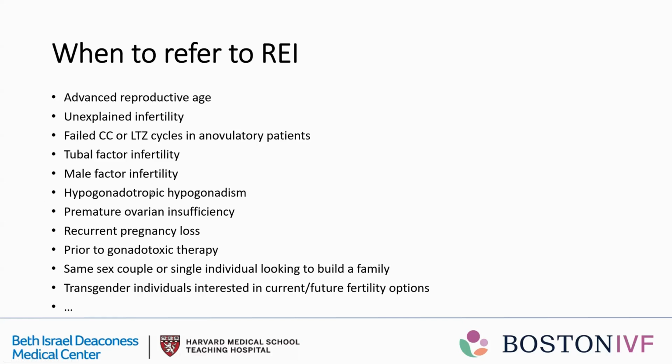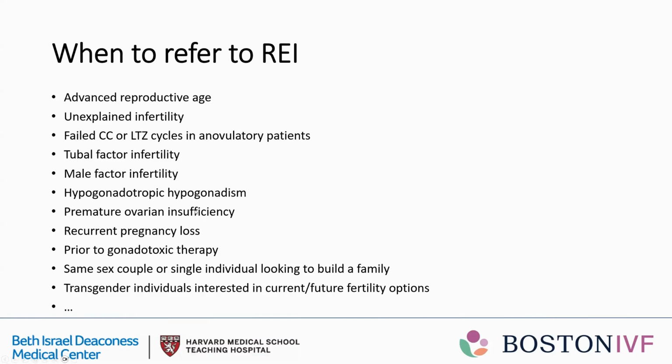Patients with hypogonadotropic hypogonadism. The reason I put this here is that some of these patients, if they don't get to ovulate after you've tried other options, usually would need gonadotropins to help them get to ovulation. And so they would potentially benefit from an FSH IUI or IVF for treatment.